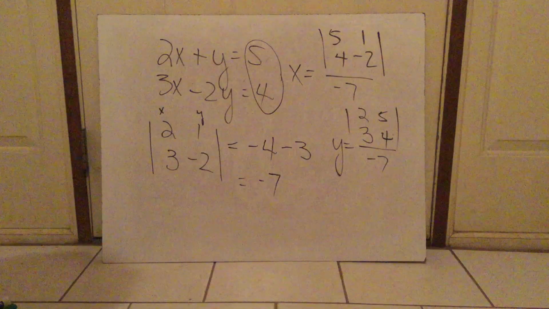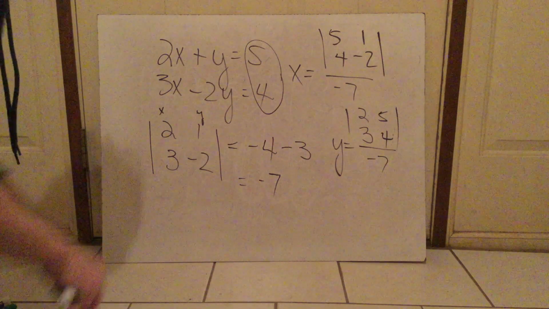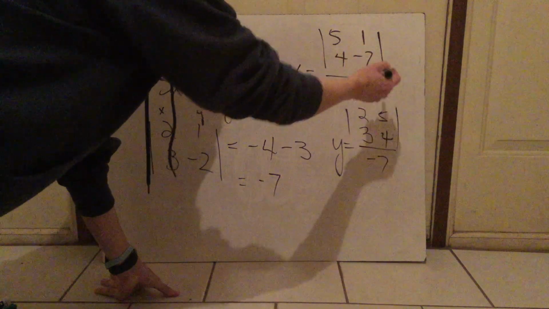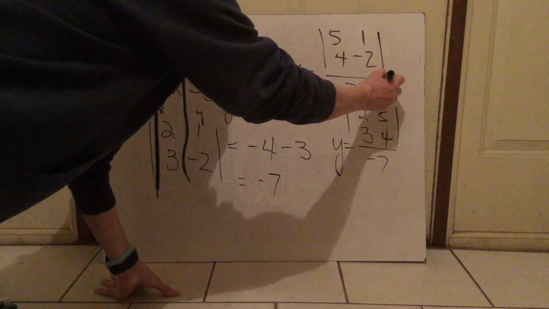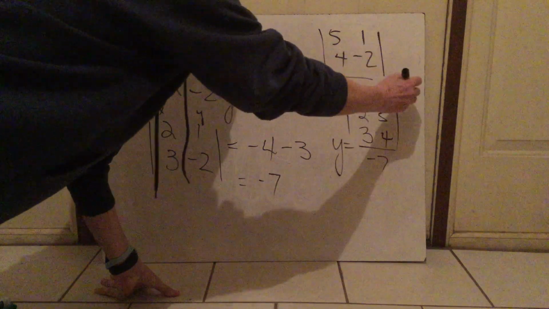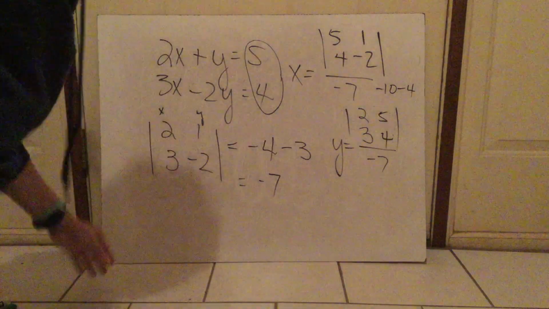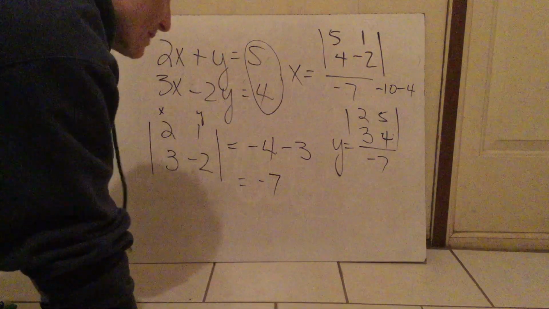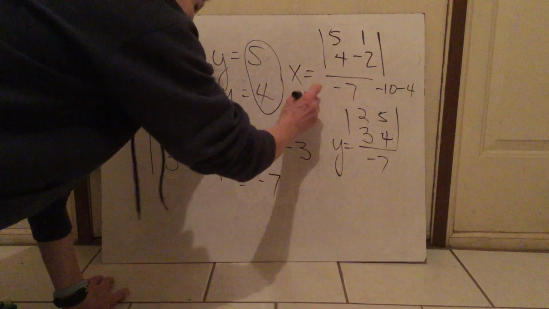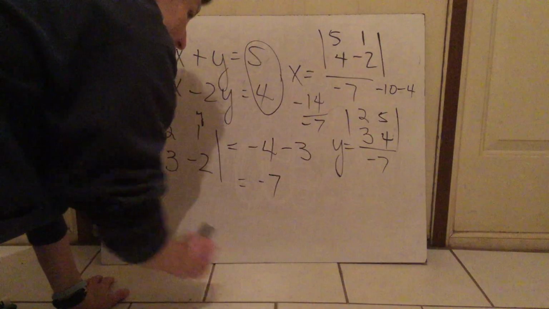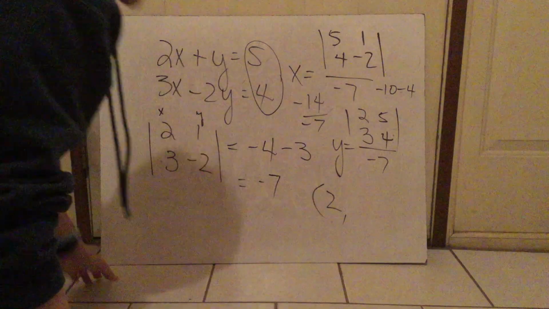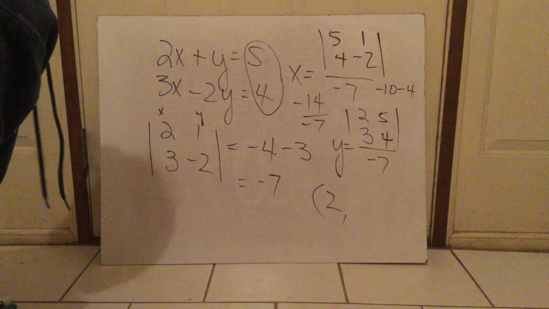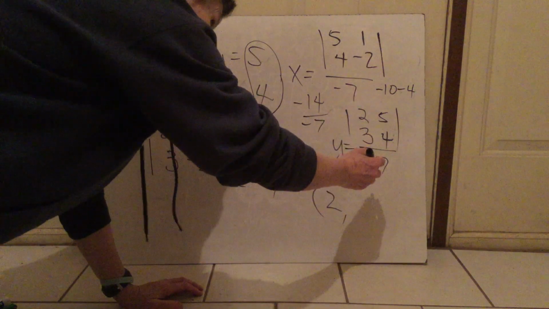So now I'm going to evaluate those two determinants. Same way I did this one. I'll multiply here and get negative 10. I'll multiply here and get 4, and then I'll subtract those. So negative 10 minus 4 is negative 14 over negative 7. So my x-coordinate works out to be 2. And then y, I do the same thing.